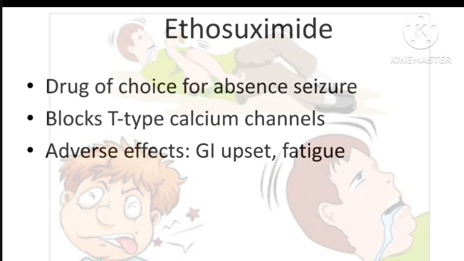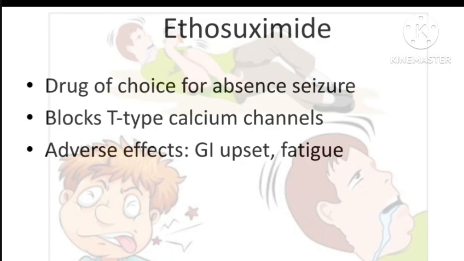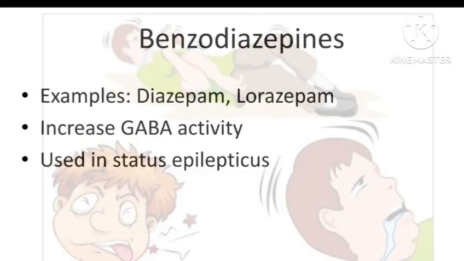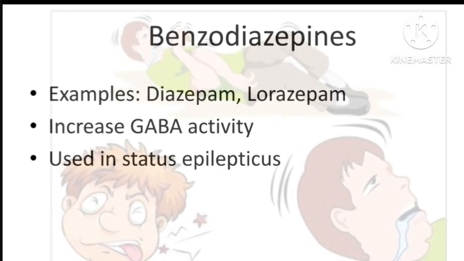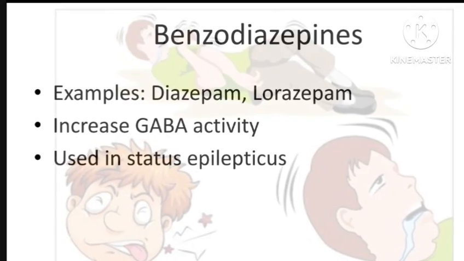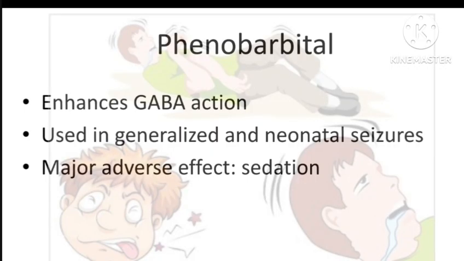So status epilepticus management is very important clinically. Imagine a patient continuously convulsing in the emergency room. What will doctors do? Yes, they maintain airway, breathing, and circulation, and then give an IV benzodiazepine, usually lorazepam or diazepam.